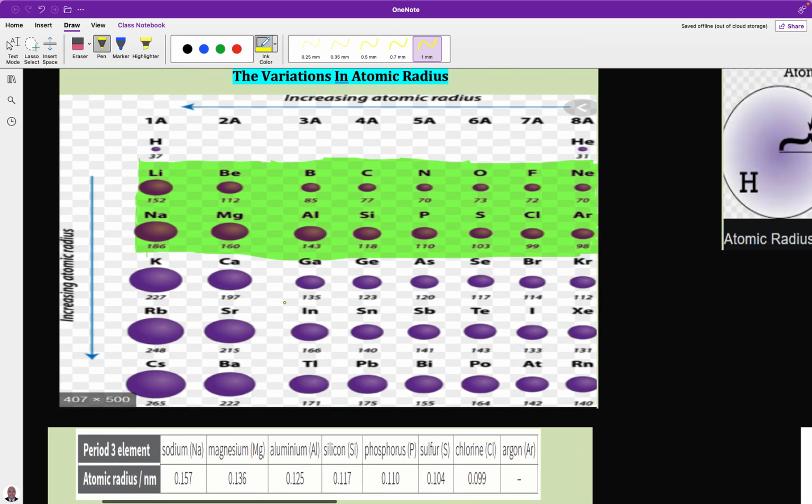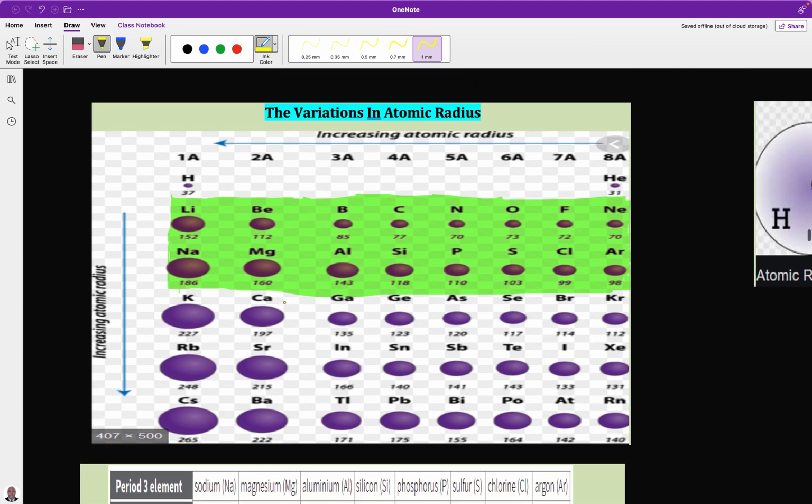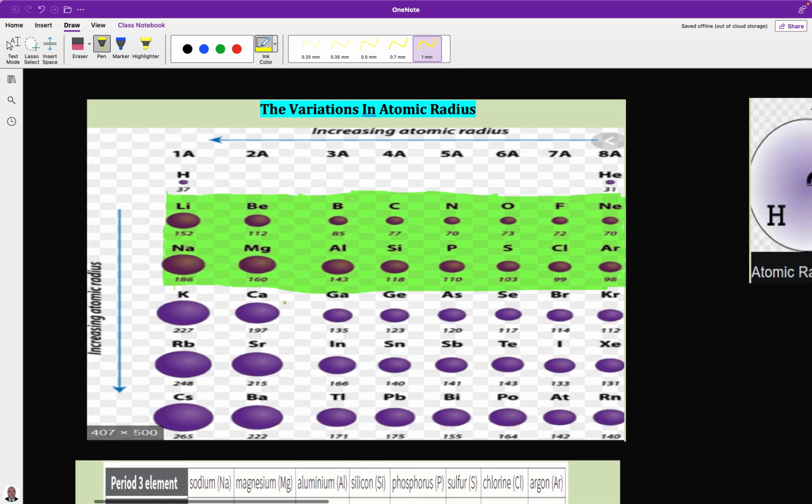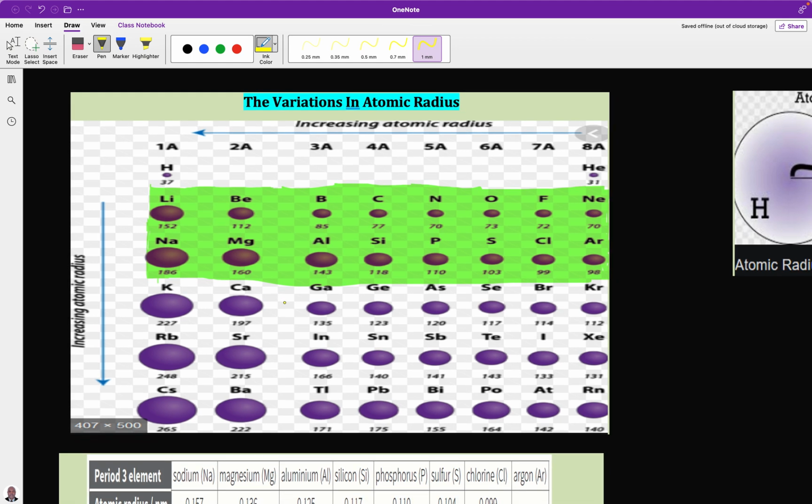Now, again, let me show you this variation. As I said, in atomic radius, as you move from metals to non-metals, the highlighted area in green, there is a consistent decrease in the atomic radius as you are moving from metals to non-metals and to the noble gases.